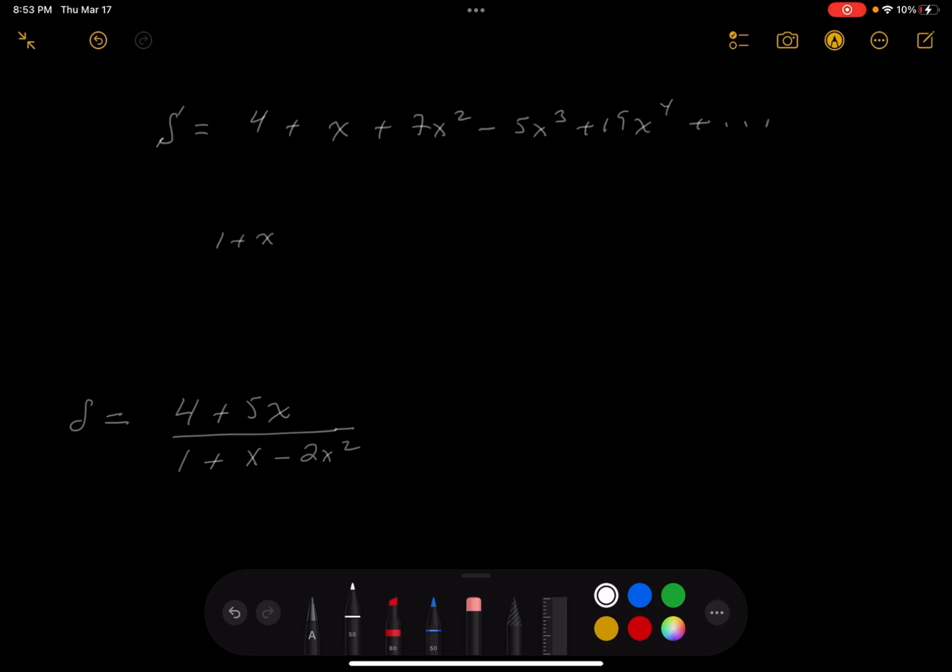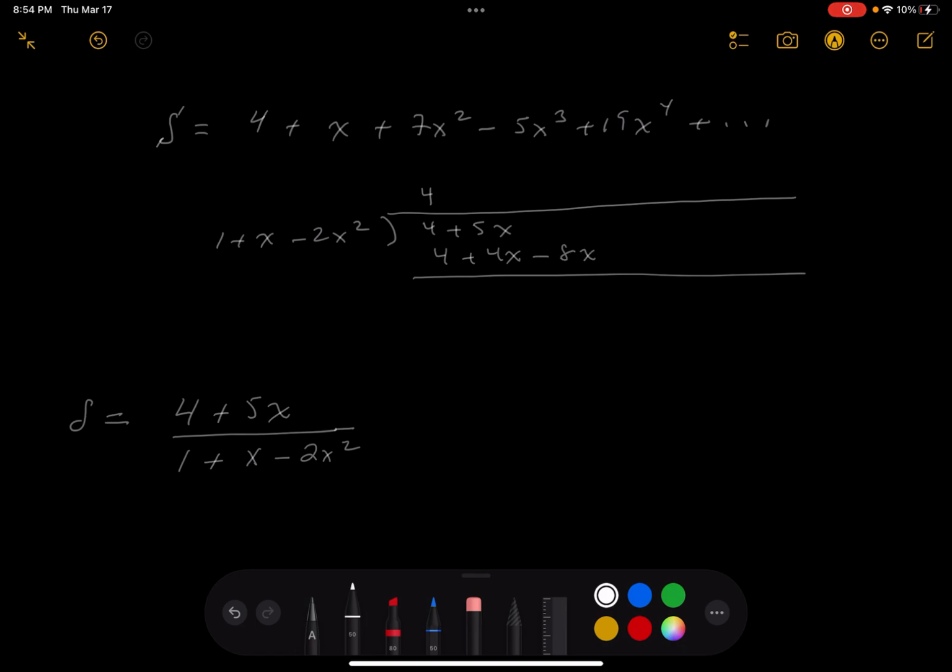1 plus x minus 2x squared, and we're dividing this into 4 plus 5x. Well, 4 would certainly be the first term. What do you get? 4 plus 4x minus 8x squared.